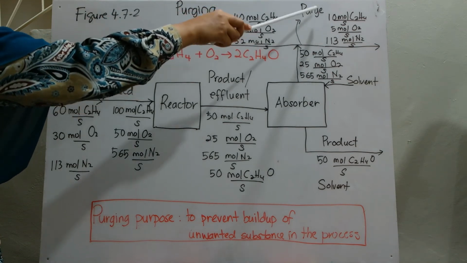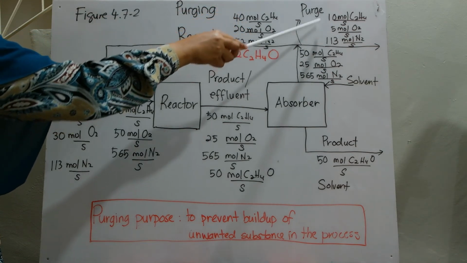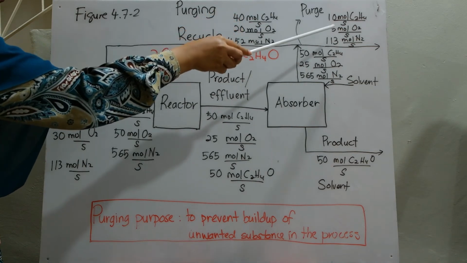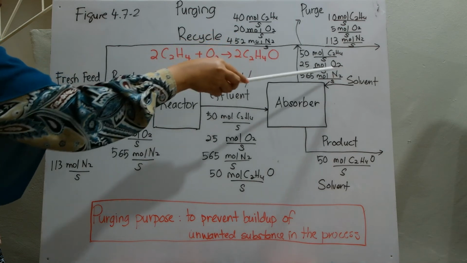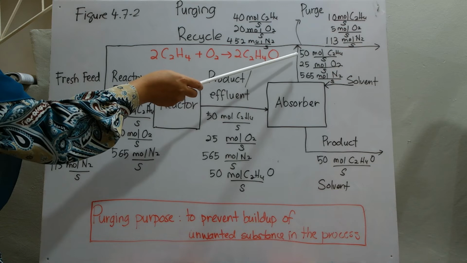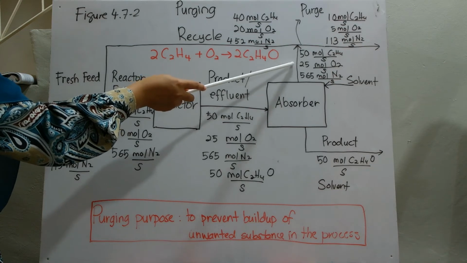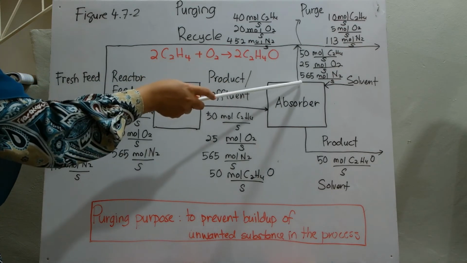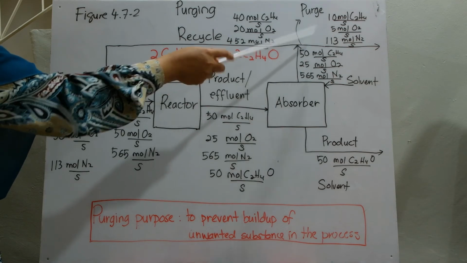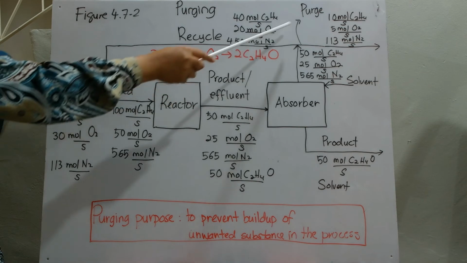But we cannot split out only nitrogen; we also have to take out some parts of ethylene and oxygen together with it, because it comes initially in the combination of ethylene, oxygen and nitrogen. So from this, we split into two lines. One becomes recycle, one becomes purge.